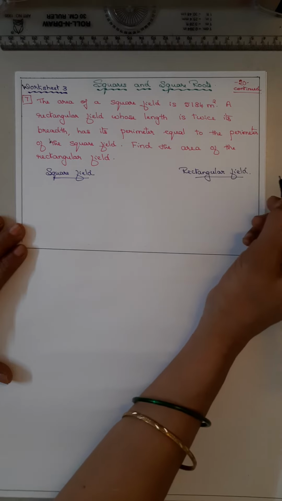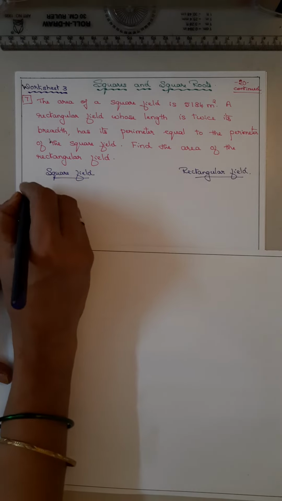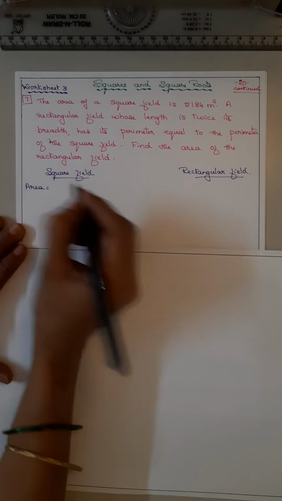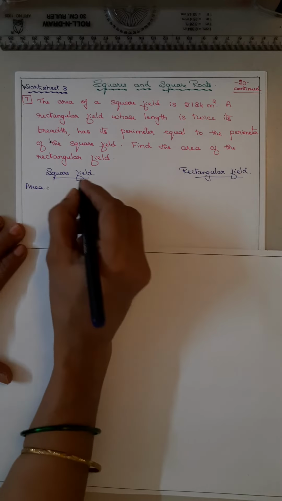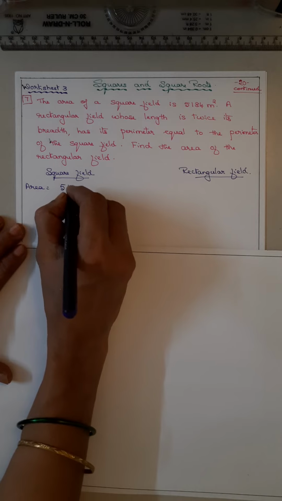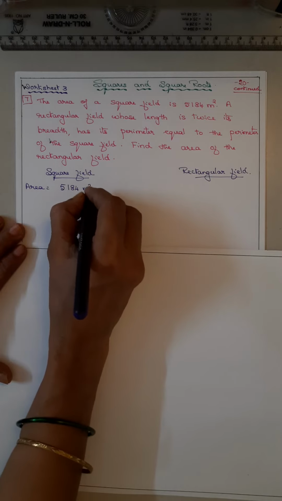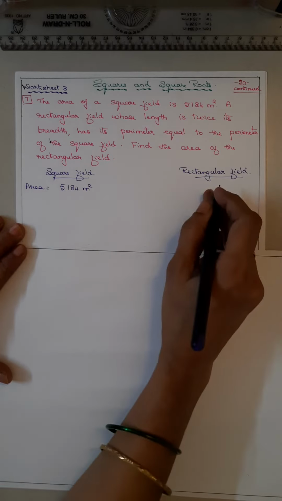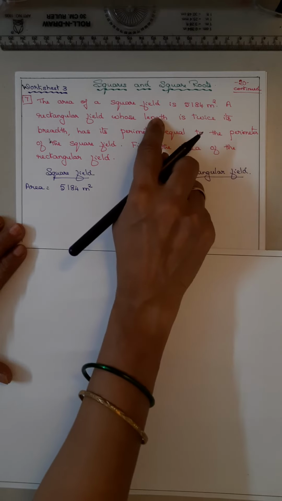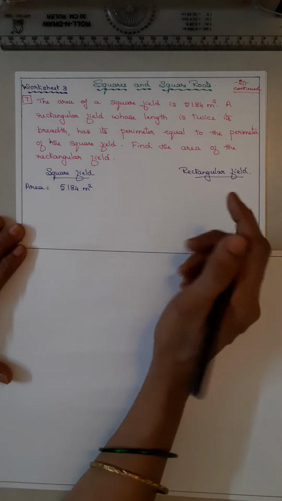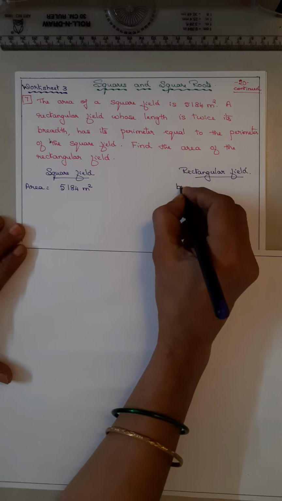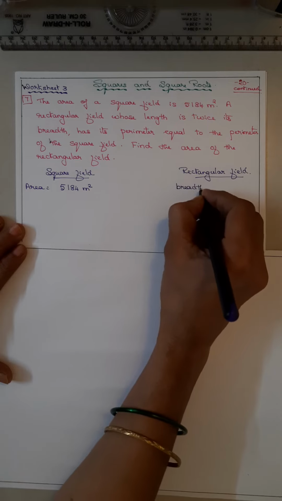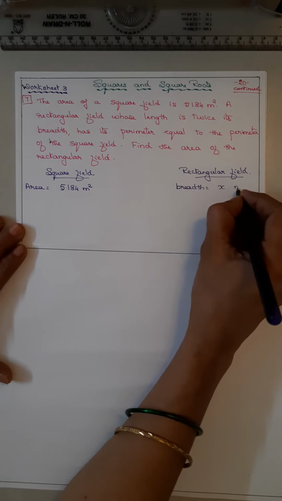Now, what all are given? First, here the area of the square field is given as 5184 meters square. Here they have told the length is twice its breadth. Means breadth is equal to x meter.